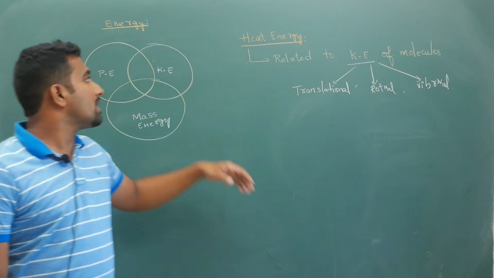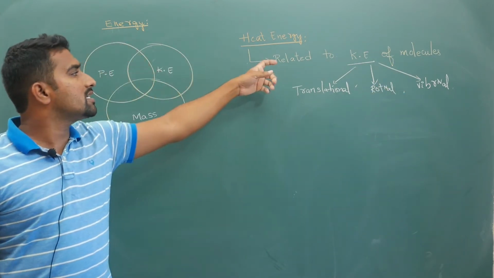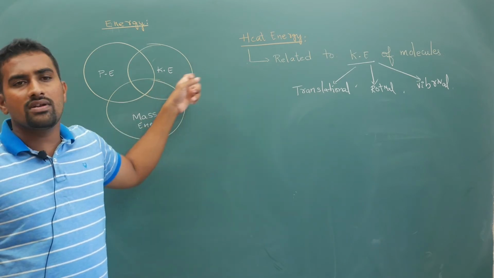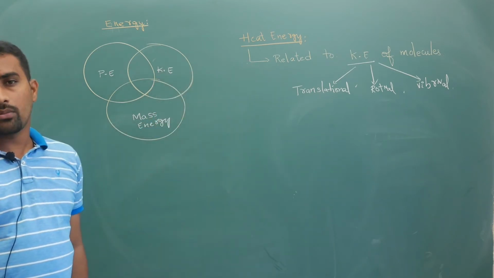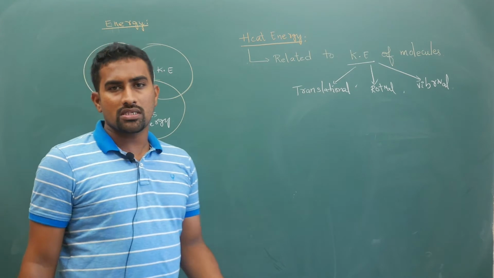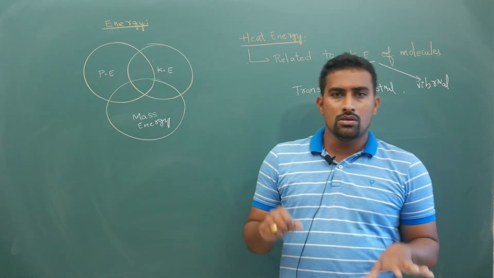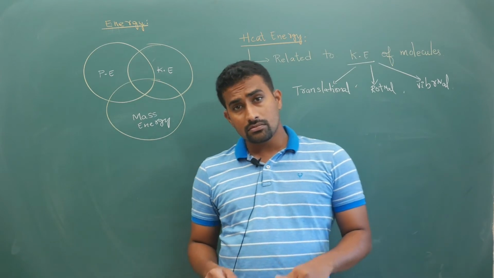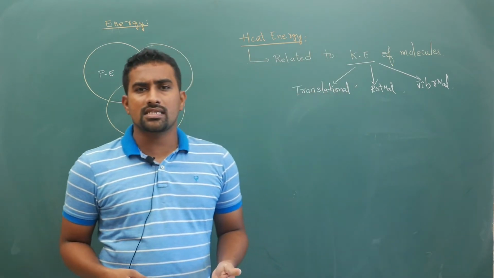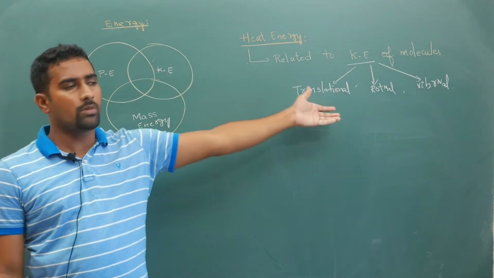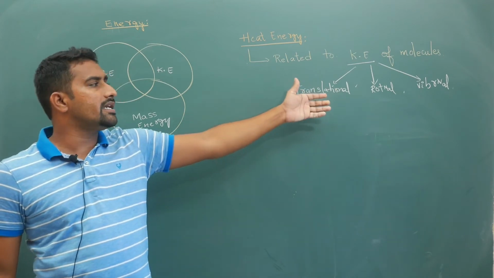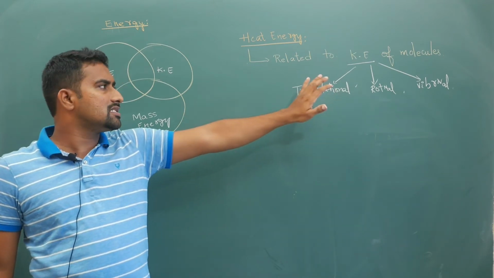Ultimately you only have these three forms of energy: potential, kinetic, and mass. So heat energy is nothing but the kinetic energy of molecules. How it is related, we will see in KTG later.